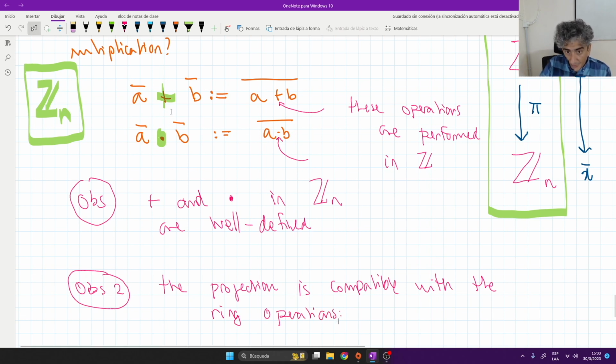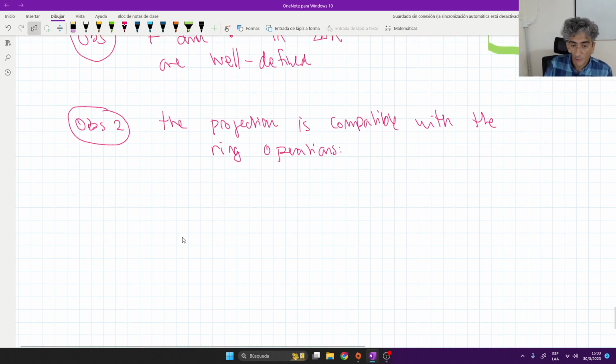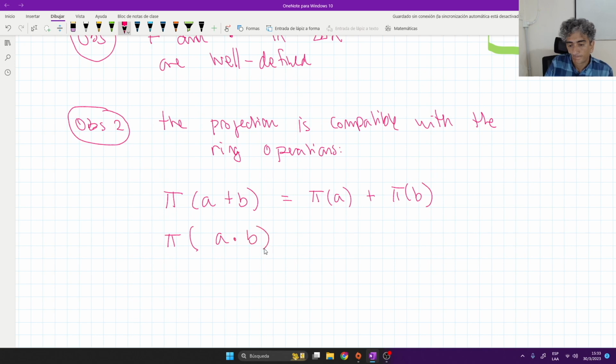That is, this definition that we have written here has the following consequence. If we want to project A plus B, what we get is the projection of A plus the projection of B, and also the projection of the multiplication is the multiplication of the projections.